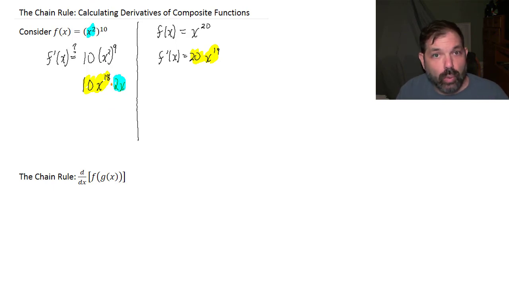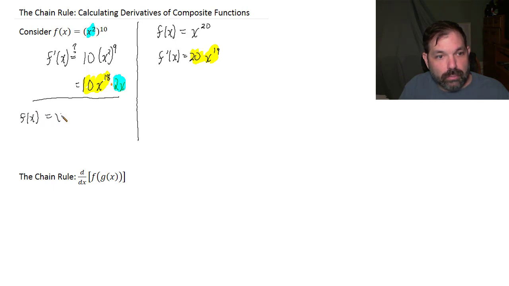So a correct way to calculate the derivative of the function x squared to the 10th would be like this. If f of x is x squared to the 10th, we can start off by saying that the derivative is 10 times x squared to the 9th, but then we need to multiply that by the derivative with respect to x of the x squared.